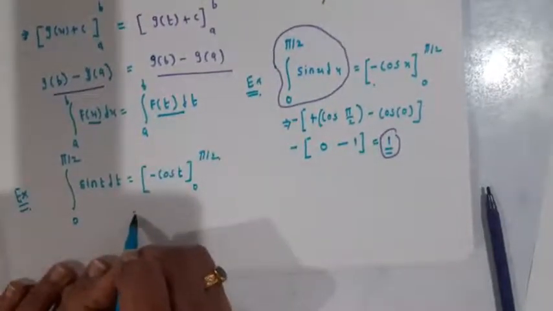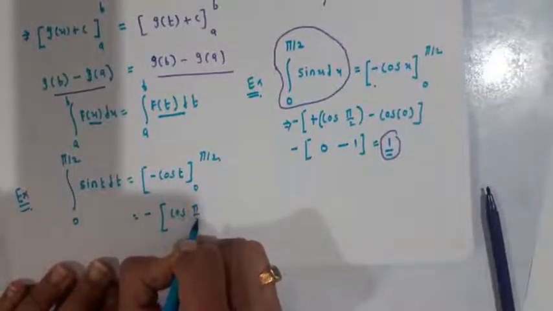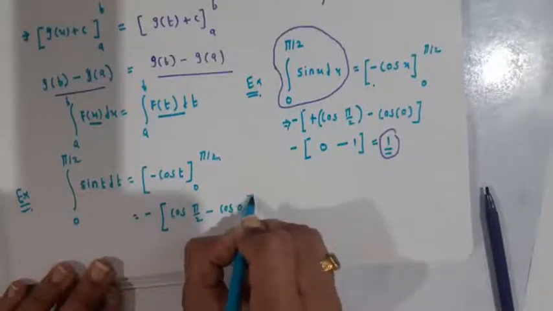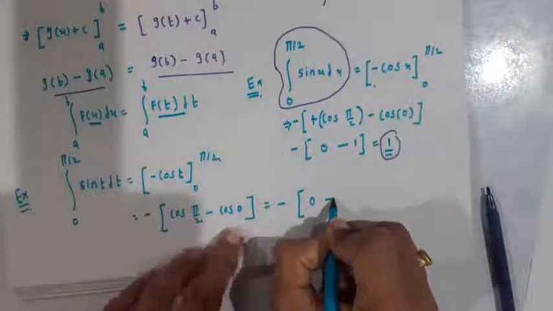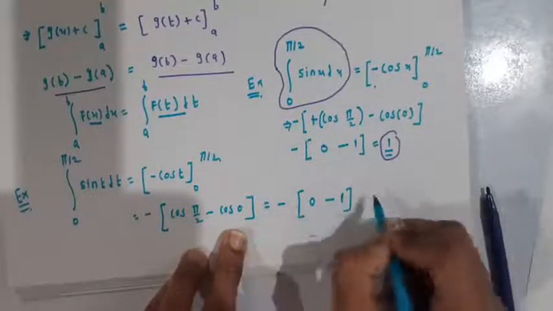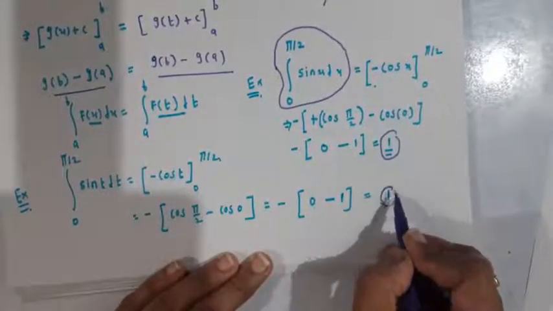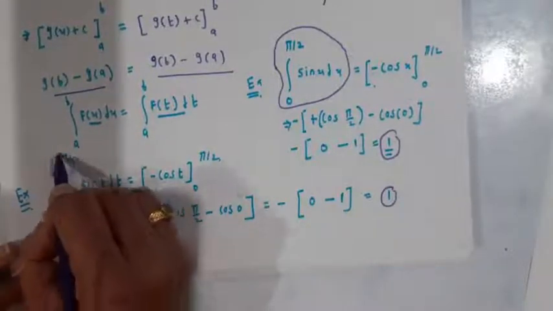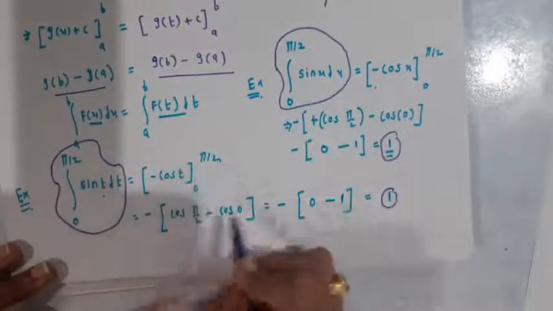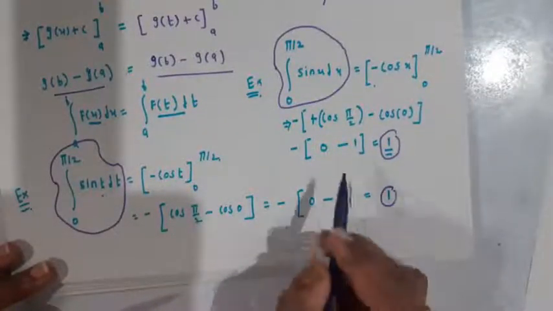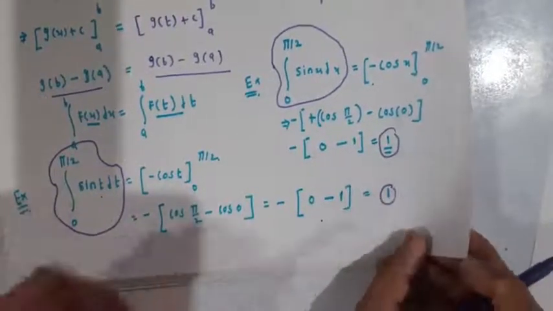So this is equal to minus cos pi by 2 minus cos 0, with the negative sign outside. Cos pi by 2 is 0, cos 0 is 1, and minus minus becomes plus 1. Hence if we change the variable, x into t, there is no change in the value of the definite integration. Hence the third property is explained with an example.